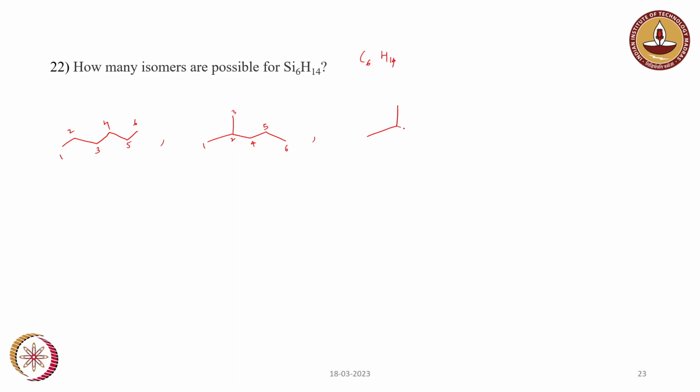And 1, 2, 3, 4, 5, 6. So 5 different isomers are possible for Si6H14. So that's all for today. If you have any doubt, you can ask.